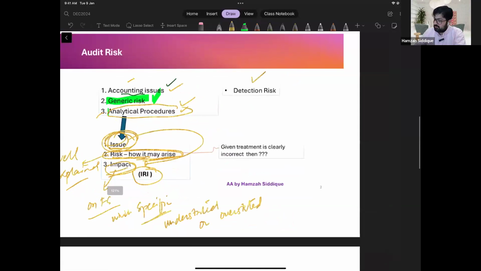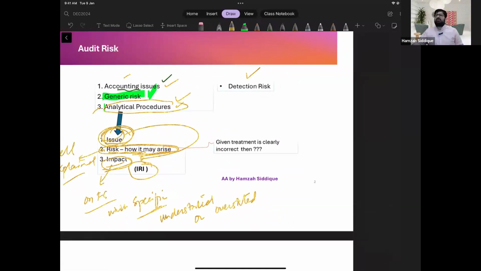Now, yes, there are certain cases in the exam scenario where the given accounting treatment is clearly incorrect, where the management has done a clearly incorrect treatment. What should be done in that case? How should that be addressed?